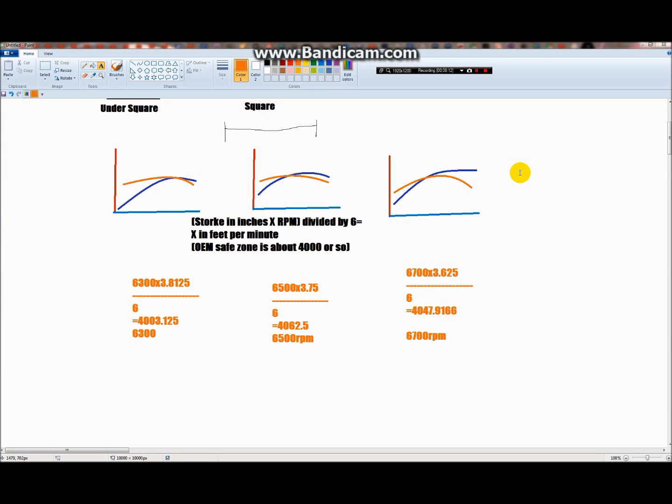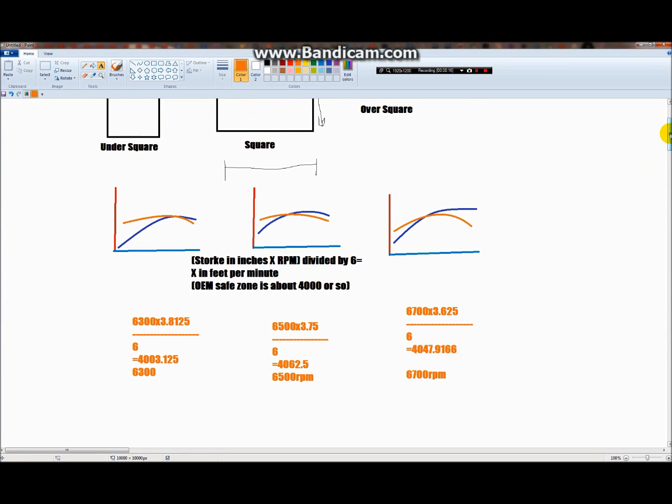And what this basically amounts to is safe engine speeds. Now, admittedly, even with forged pistons, forged rods, forged crank, there's still a limitation on how fast you can run your motor. Realistically speaking, even if you can run it out to 8,000 RPM, which I would not recommend unless you know what you're doing and your motor can handle that, chances are it might go boom if you try to.